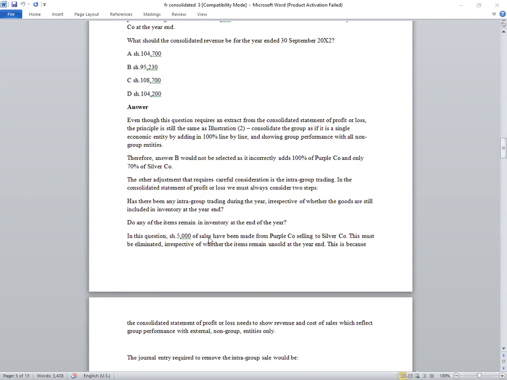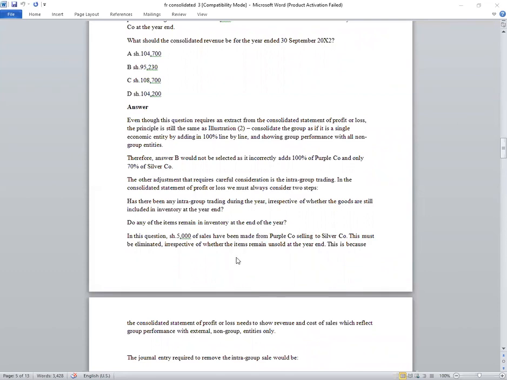In this question, shillings 5,000 of sales have been made from Purple Company to Silver Company. This must be eliminated in full from the sales because it is fake.